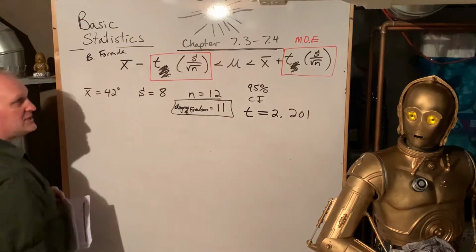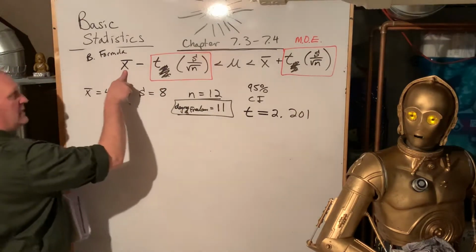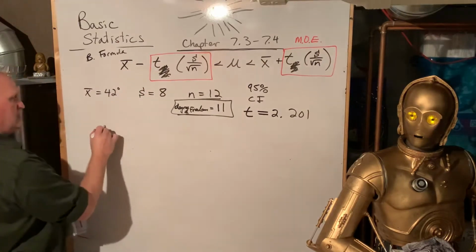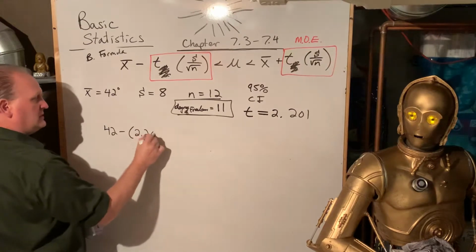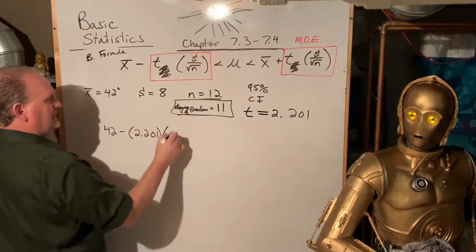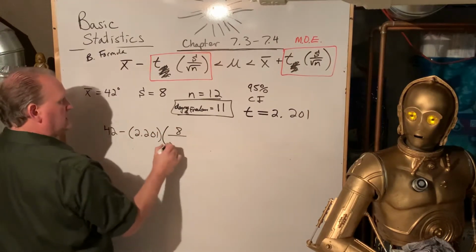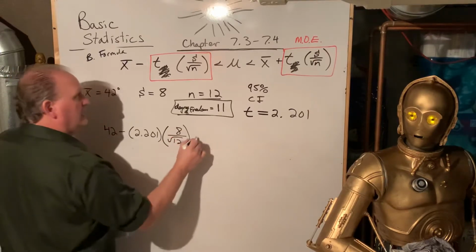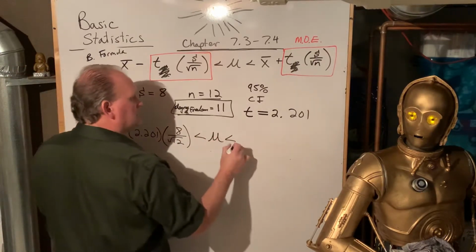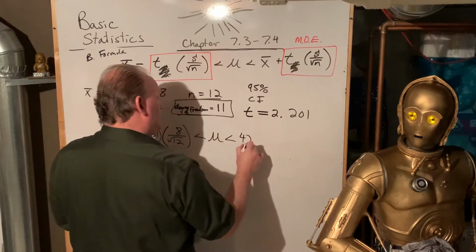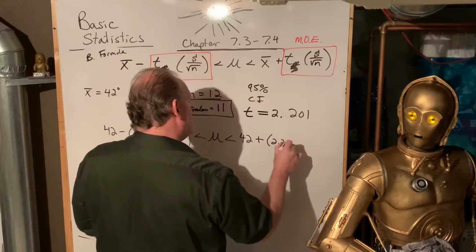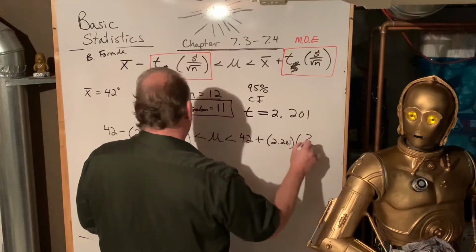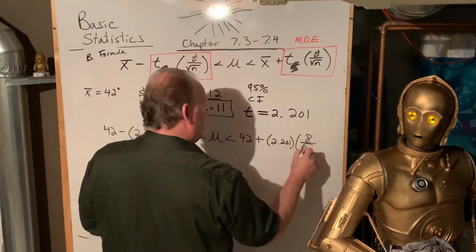Okay, and now it's just plug and chug from there. So we plug in X bar is 42 minus 2.201 times 8 over the square root of 12, which is less than mu, which is less than 42 plus all that same stuff, 2.201 times 8 over the square root of 12.